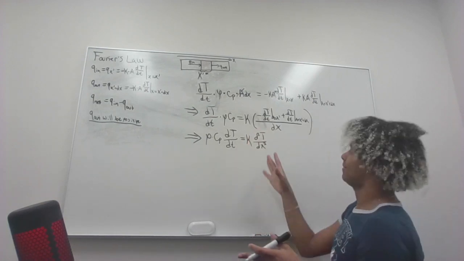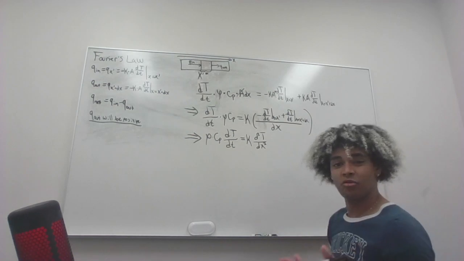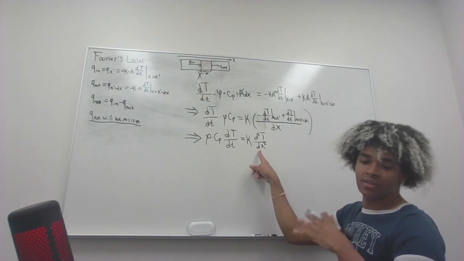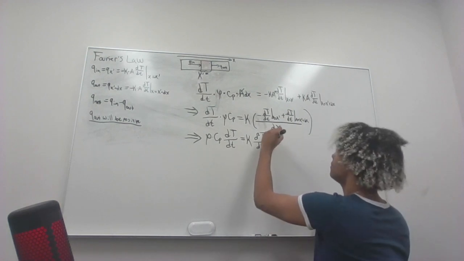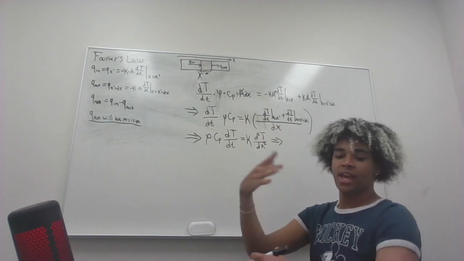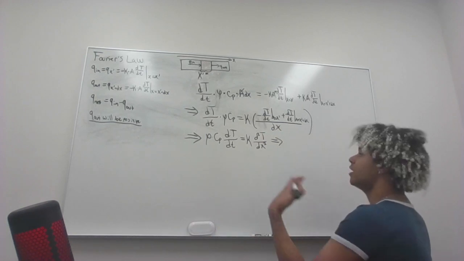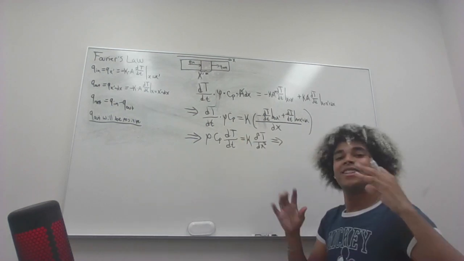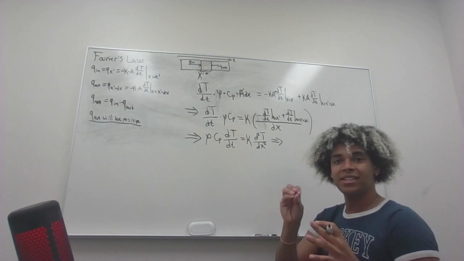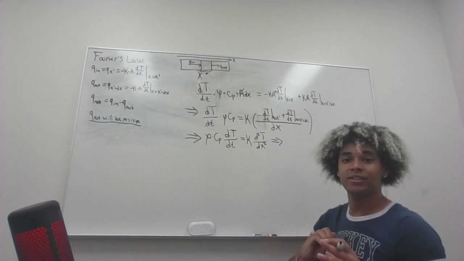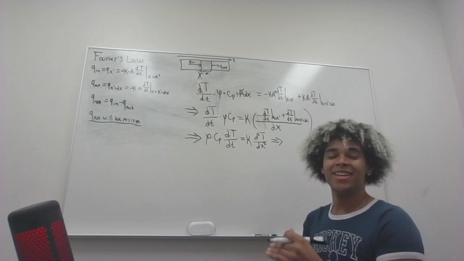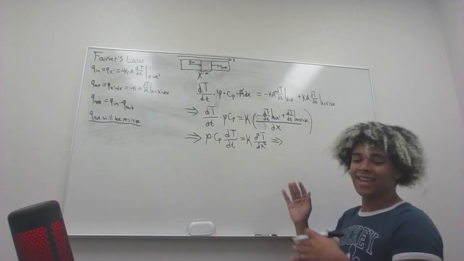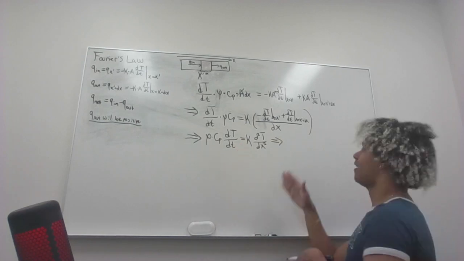So then we can simplify it further to get dT, the change in temperature over change in time, on one side of this equation.